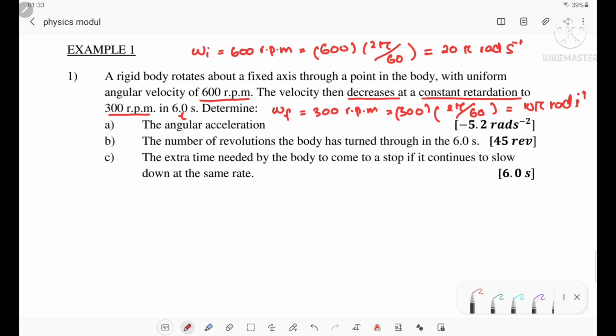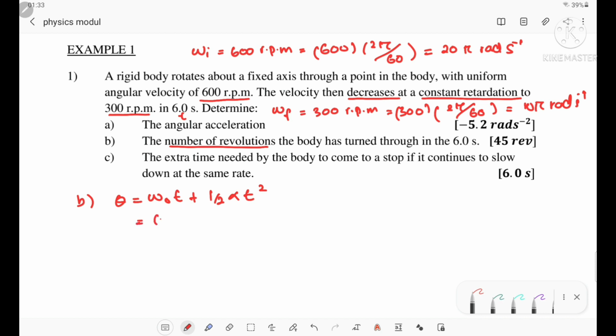For the second question, determine the number of revolutions the body has turned through in 6 seconds. For this question, you're going to use the second equation that we have: theta is equal to omega naught t plus half alpha t squared. Now you need to calculate the number of revolutions, which is theta. So we just substitute the values.